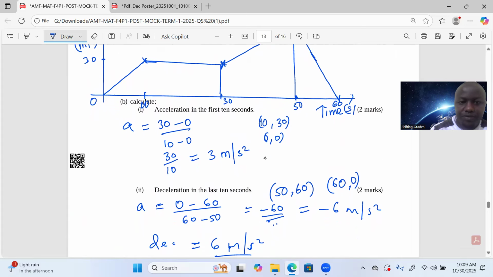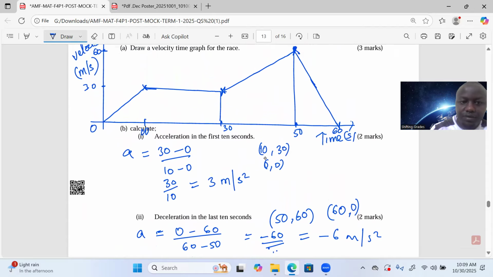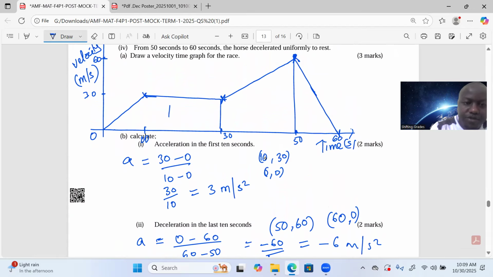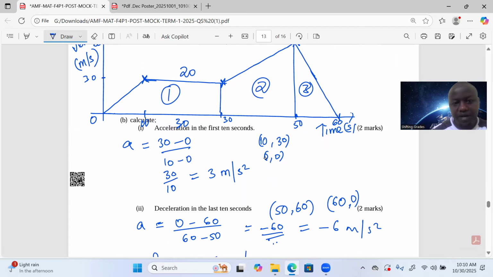So now you can say, according to the first trapezium, we'll have 1, 2, and 3. Let's talk about area 1. The upper length here is moving from 10 to 30, so that's 20. But at the bottom here we have 30. Then in between we have another 30.